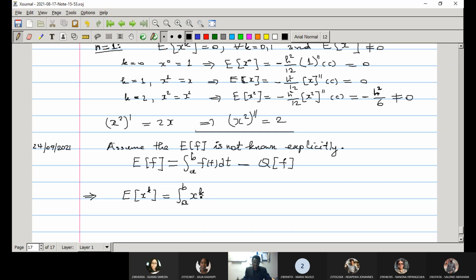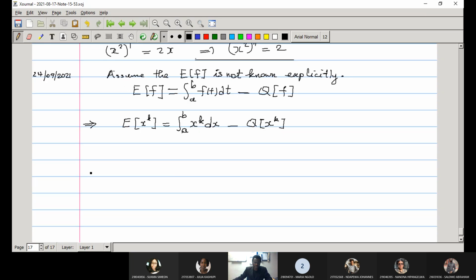Obviously this is a dummy variable; I can leave x or put t, whatever. In that case, I'll put dx, minus the quadrature formula for x to the k. Okay, so this is what we have.